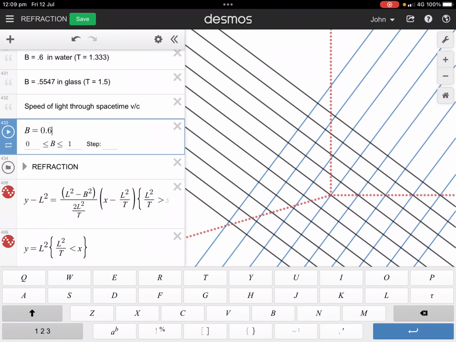Okay, I think I've worked it out. This Desmos version is just dedicated to this fraction.